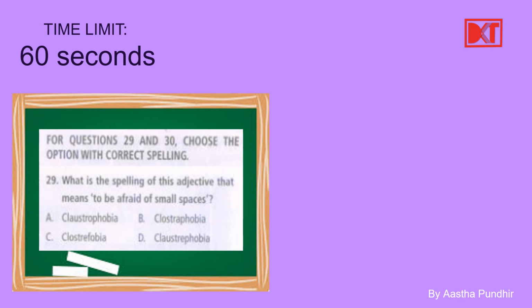Okay, for the next category now, for questions 29 and 30, choose the option with the correct spelling. So what is the spelling of this adjective that means to be afraid of small spaces? Okay, now here, what we have to do first, we have to identify the word, which means it is a one word substitution, and then we have to choose its correct spelling.